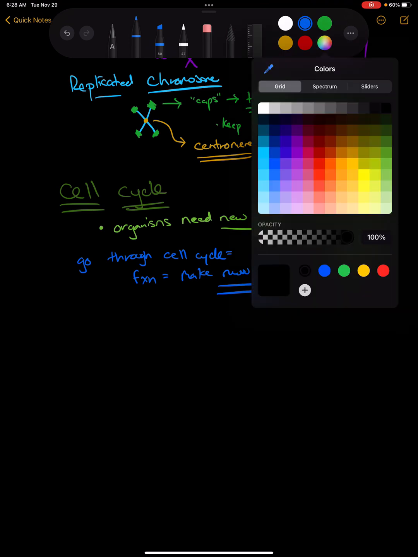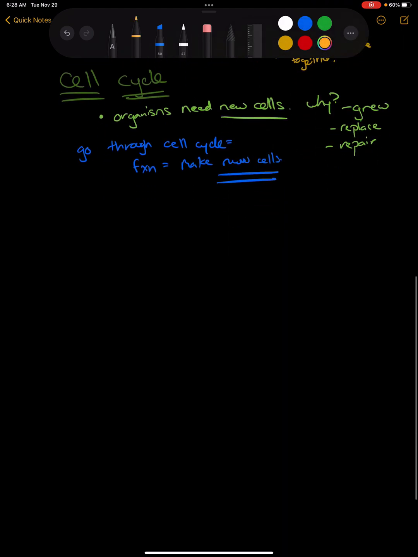So now we get to go through the stages of this. Let's make this a nice color. All right, so the cell cycle is going to have 3 stages. The first stage is called interphase. I always like to think, because of "enter," if I enter something, that means I go into it, I start, right? So when I enter the building, I start school.